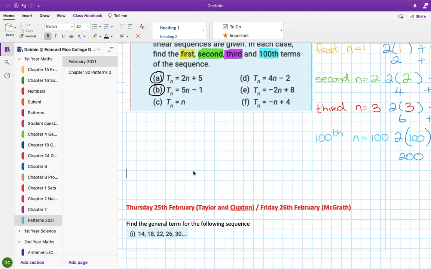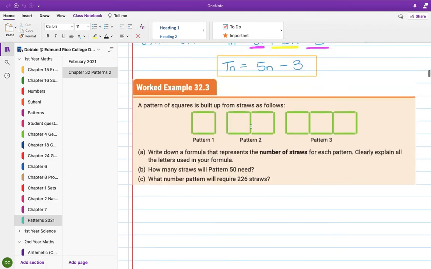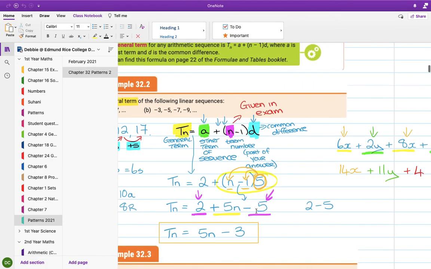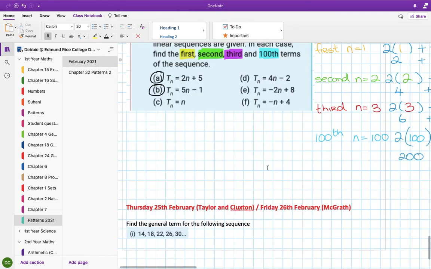Watch this back and make sure you can pick out each part of the question. Try and get the general term for this sequence. Everybody needs to try it, and everybody needs to put an attempt in their OneNote homework section. It's very, very hard to help you if you just don't write anything down.